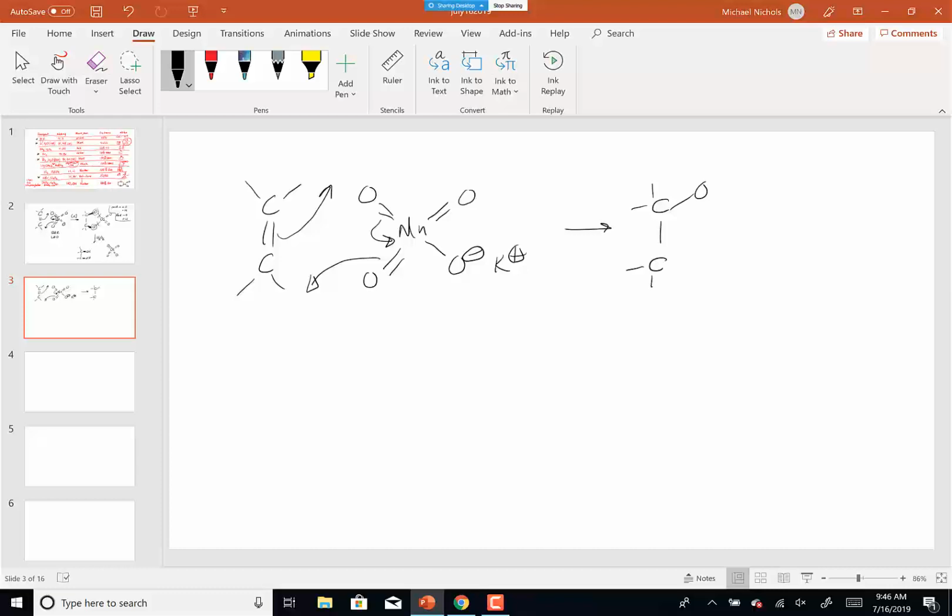So we're going to end up with a 5-membered ring, and so we're still going to set the stereochemistry as being cis.